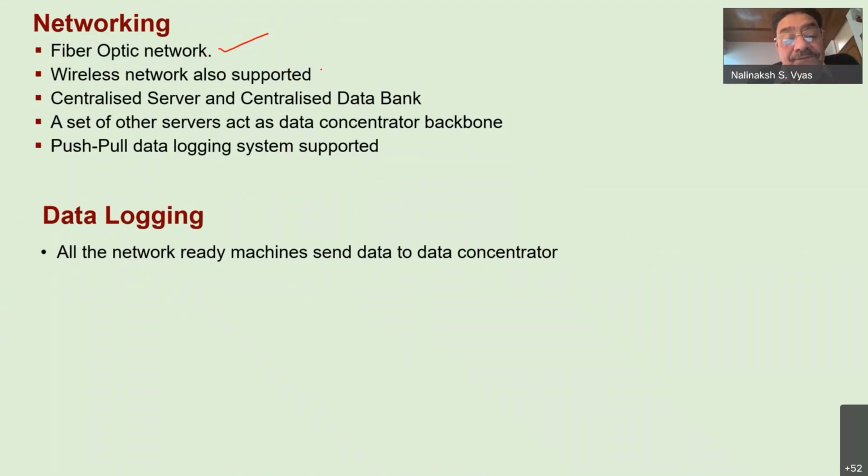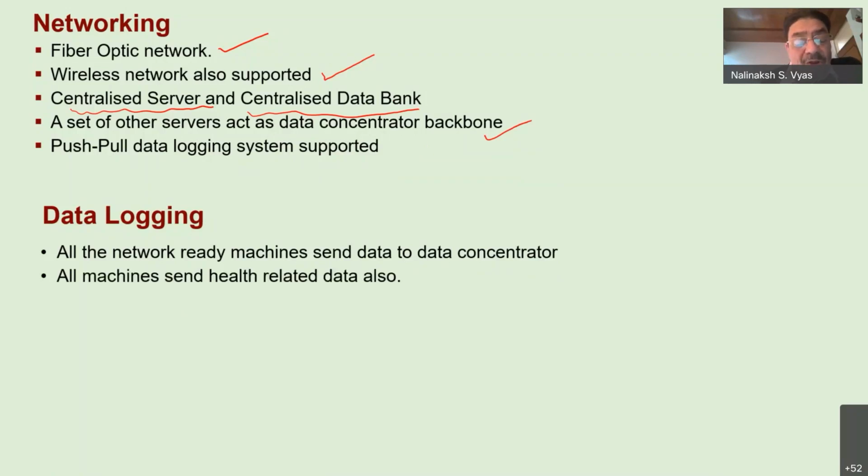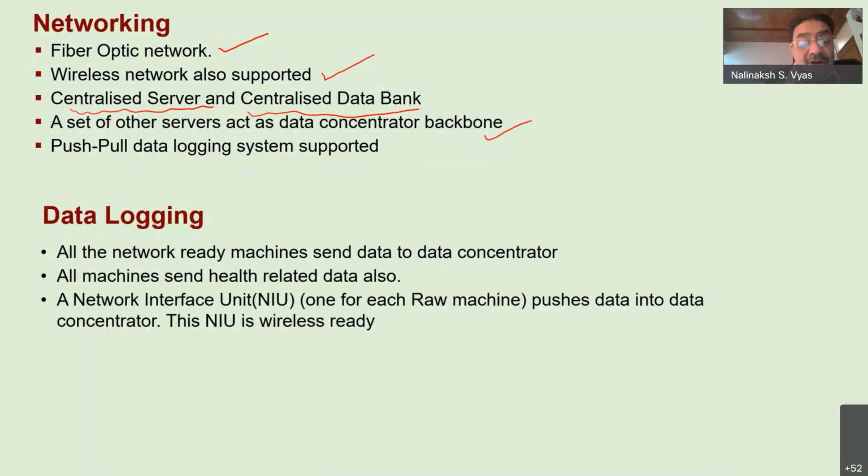Wireless network is also supported on top of that, but fiber optic is essential. One centralized server is sufficient, and a centralized data bank, and then a set of other servers act as the backbone. So the normal networking and data logging techniques, but it has to be done.